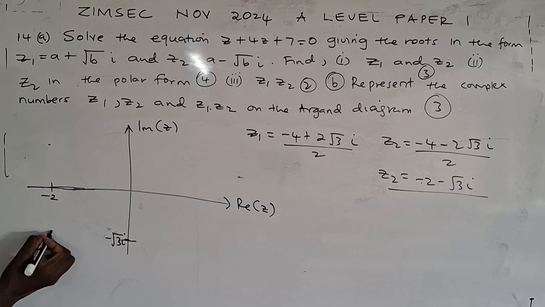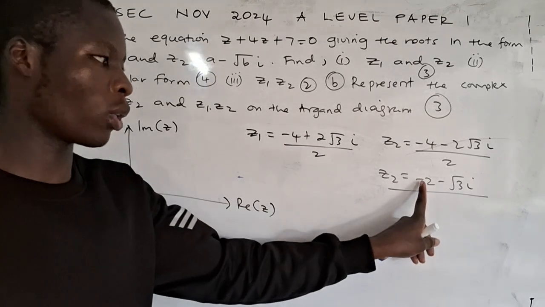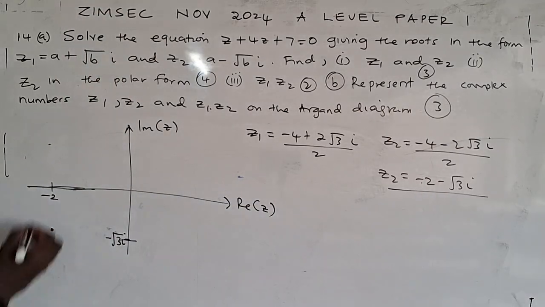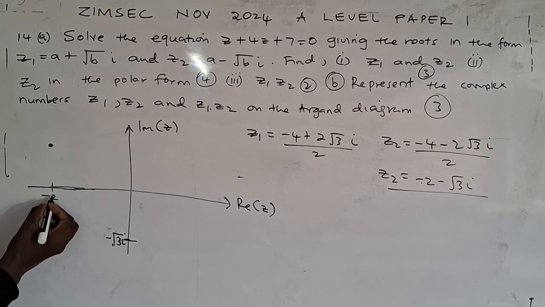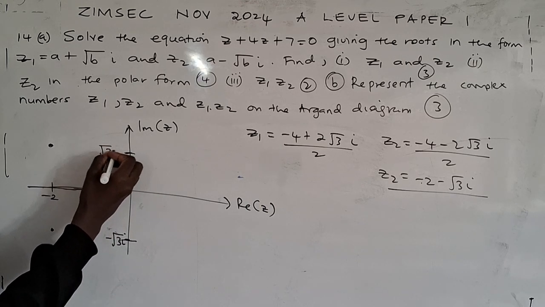So this is the complex number. Okay, right. The other one is a conjugate, it's negative 2 positive. So it will be here. This is negative 2, and here this is positive root 3i.